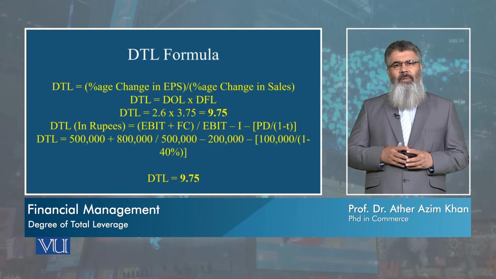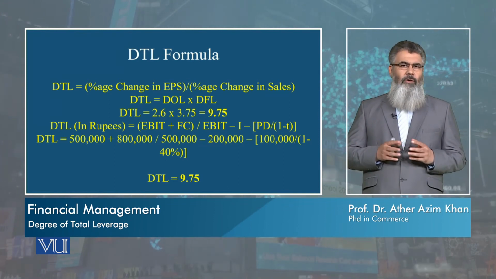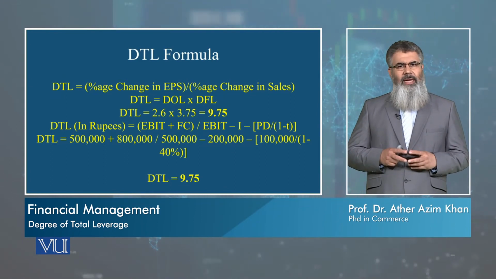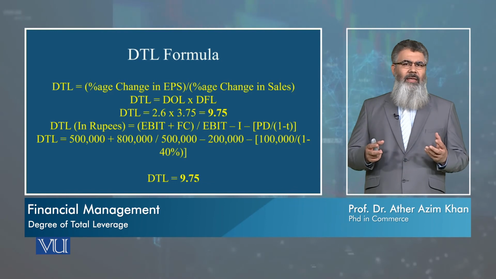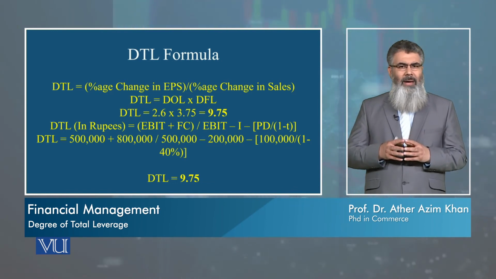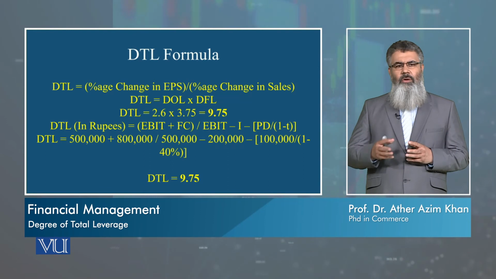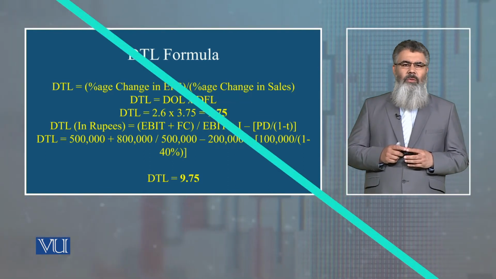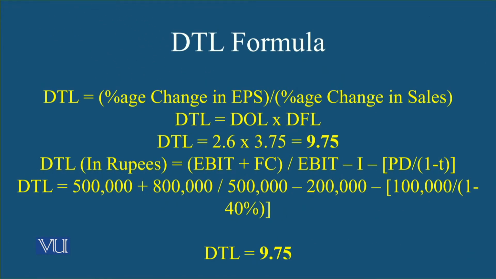The same thing can be calculated by using a formula of DTL. This formula is actually nothing but the formulas of DOL and DFL combined. So we have a look at this formula: DTL in rupees is equal to EBIT plus fixed cost, divided by EBIT minus interest minus preferred dividend divided by 1 minus tax rate.